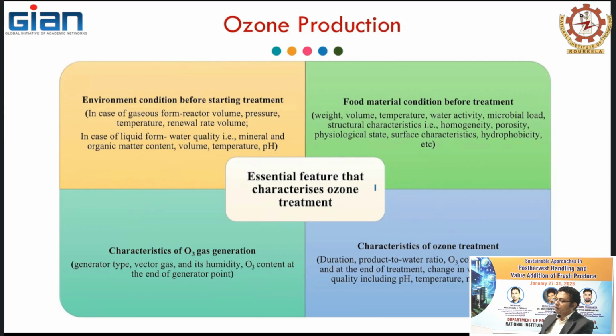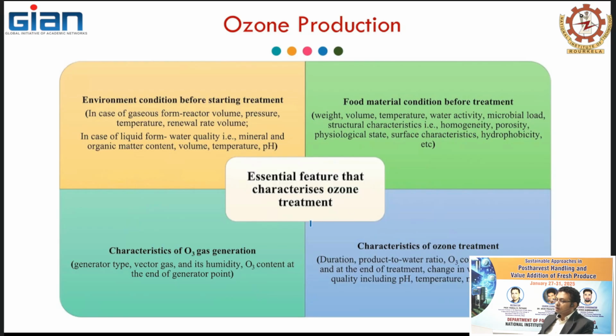Then what type of food material are we targeting? What is the mass, the volume, how much concentration is required? If it's a product with high water content, is the water activity higher or lower, and how much microbial load is on the product. All these factors we consider to decide how much ozone we require, or what our ozone dose may be.